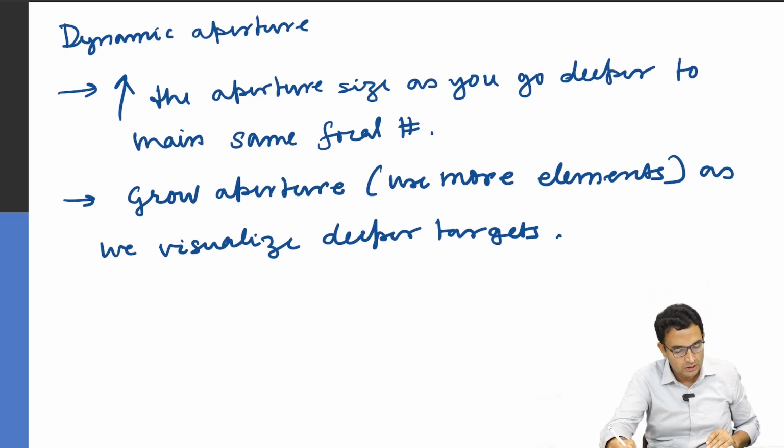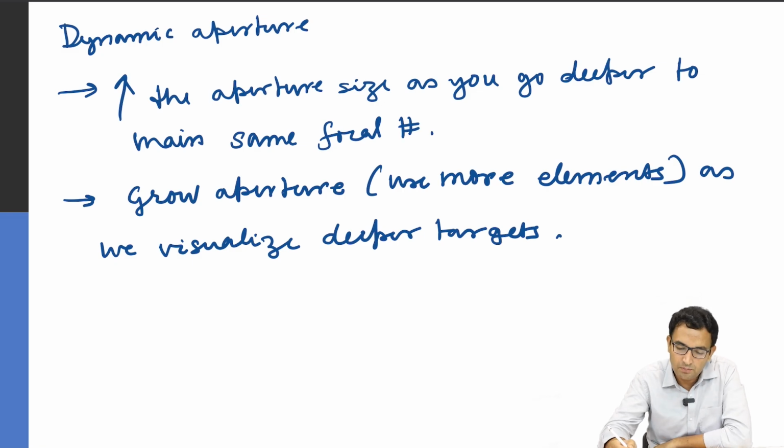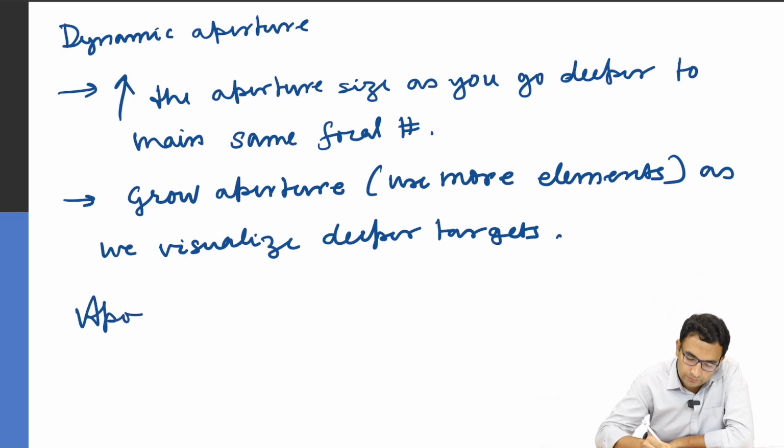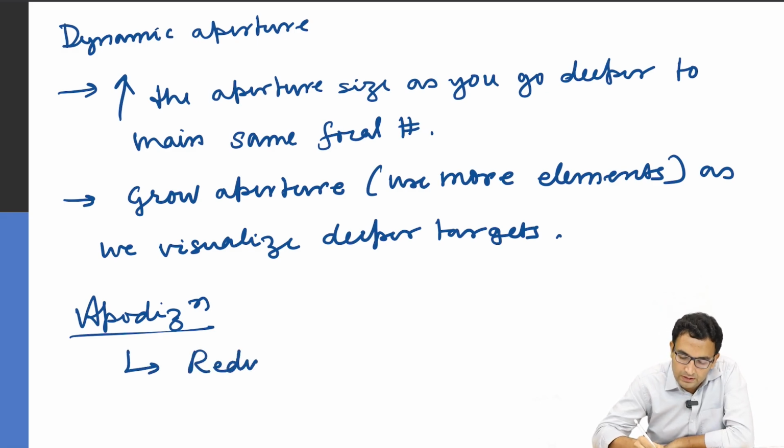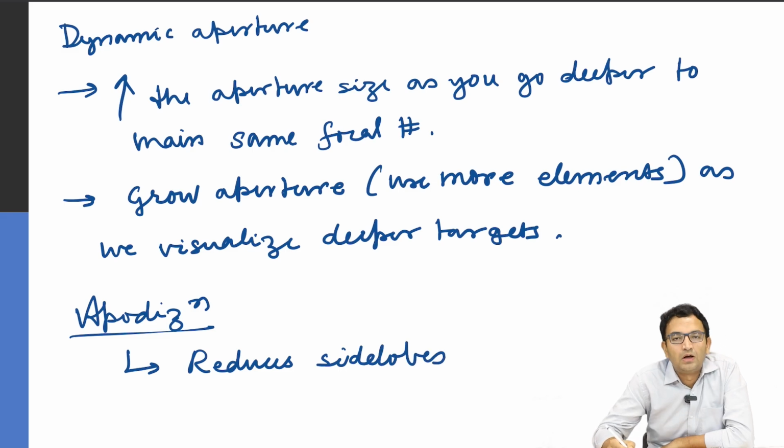Okay. So with this, let's change gears a little bit, and talk about the advantages and disadvantages of apodization. So we looked at this qualitatively the other day as well, where we said that it reduces side lobes, right?